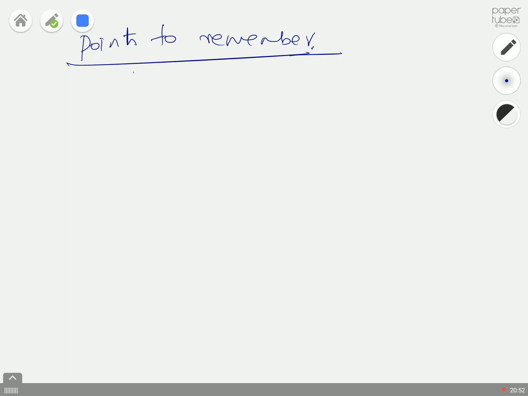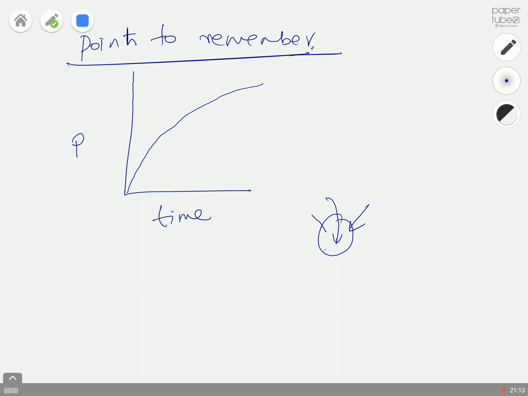Imagine you have time, and you take your substrate in your reactor, and then you add some enzyme, and then you convert your substrate into products. Just imagine you have some probe to monitor your product concentration, and if you plot, you will get something like that. What it says is that your product concentration is increasing with respect to time.